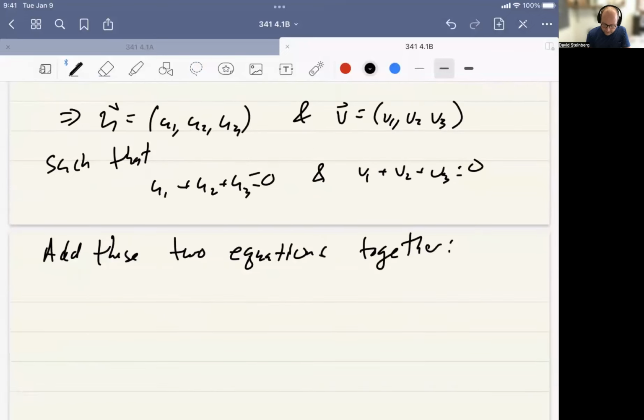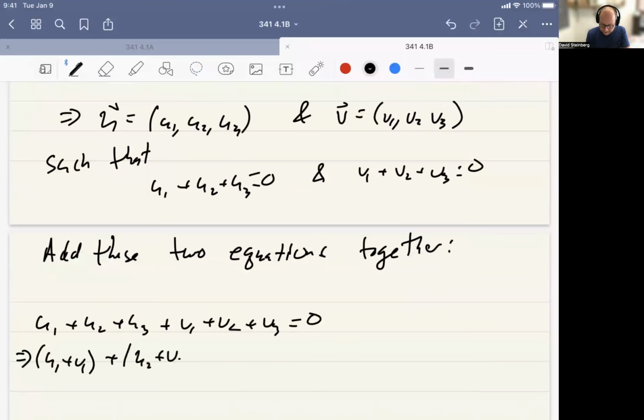We get u1 plus u2 plus u3 plus v1 plus v2 plus v3 is equal to 0. But let's group these as u1 plus v1 plus u2 plus v2 plus u3 plus v3 is equal to 0.